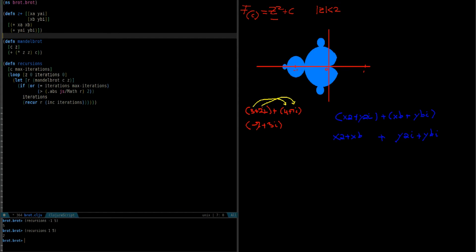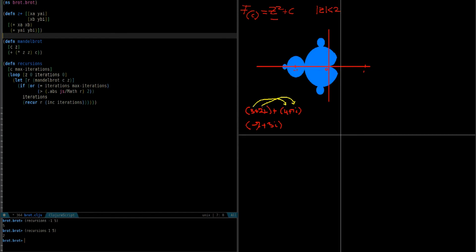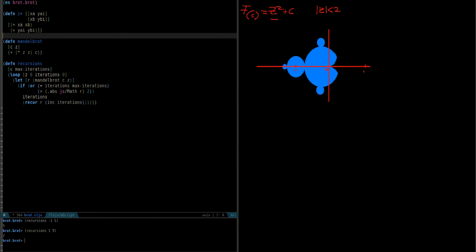Taking the product of a complex number is a bit more involved, but not by much. So let's get rid of this and that.